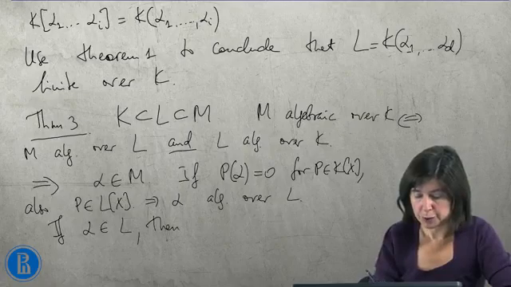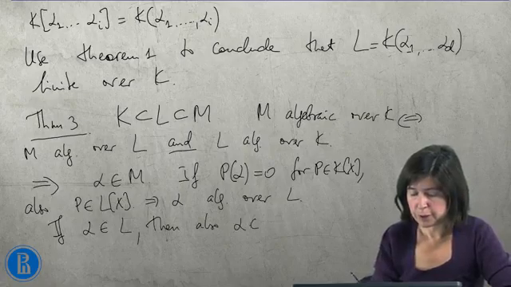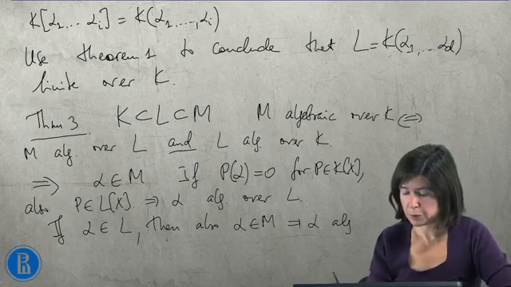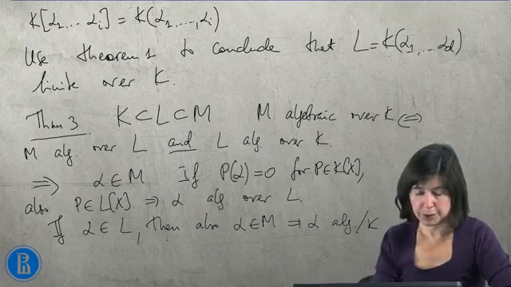Then also alpha is in M, and so alpha is algebraic over K. So L is algebraic over K.